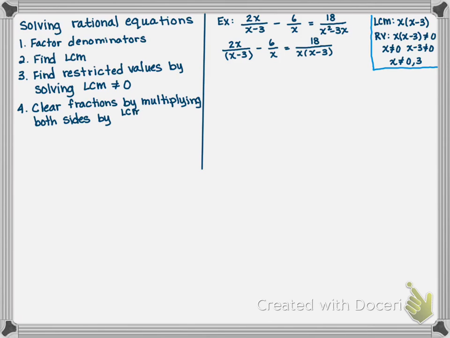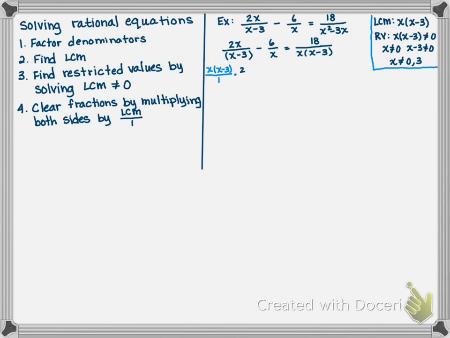And remember, it's the LCM over 1. So we're multiplying everything by the same exact thing. In this case, x times x minus 3. So we have x times x minus 3 over 1. That's my LCM.